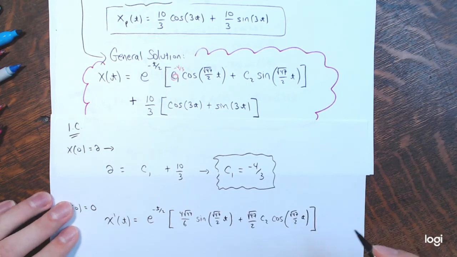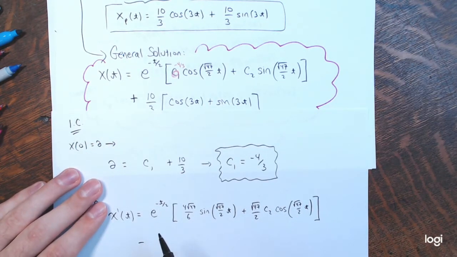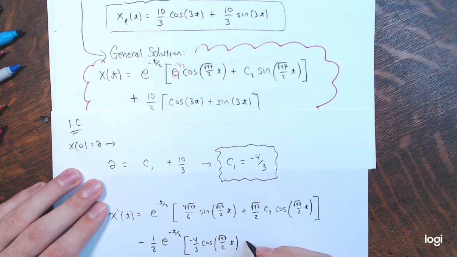I'm not done with the product rule yet. Then minus basically half of this. So minus half e to the negative t over 2 times negative 4/3 times the cosine of square root of 47 over 2 times t plus c2 times the sine of the square root of 47 over 2 times t.